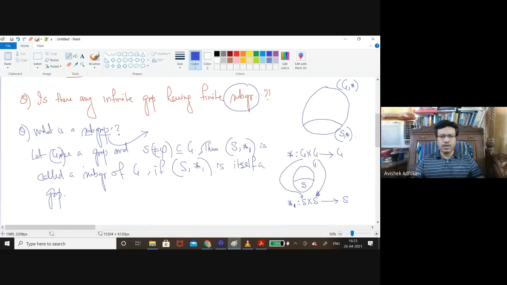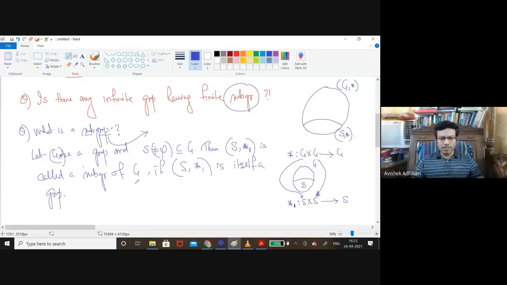That means on its own right. Sometimes when you are matured enough, we will not write it as star one, but instead use the same star as the subgroup.